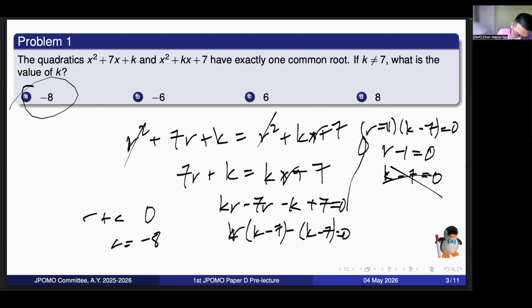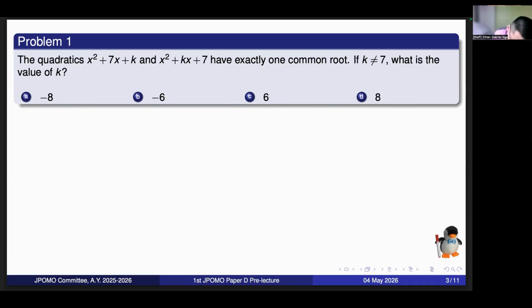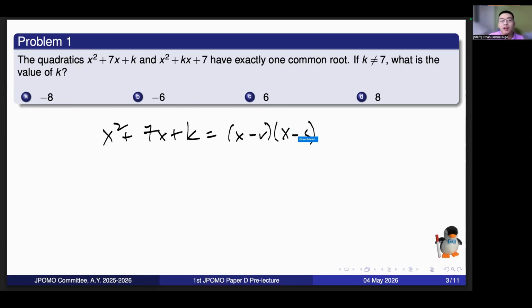Also, there is a longer solution to this. Let the common root be r.